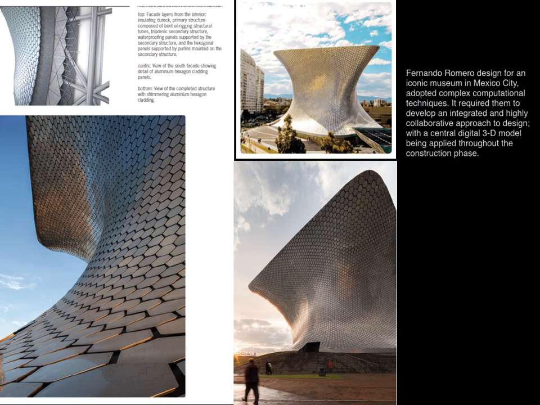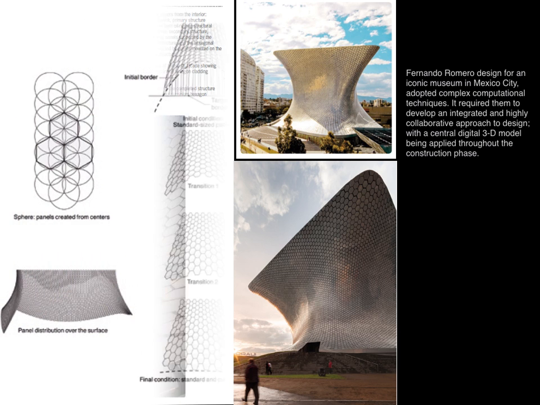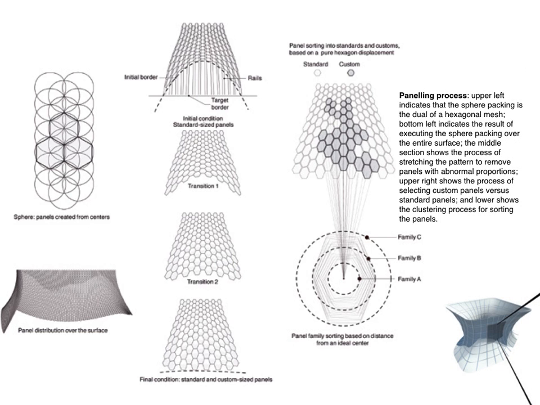The geometry of the tiles themselves is depicted here. The paneling process is indicated in this left-hand side diagram. Oh, okay, I'm pointing to something and you don't see it, sorry.